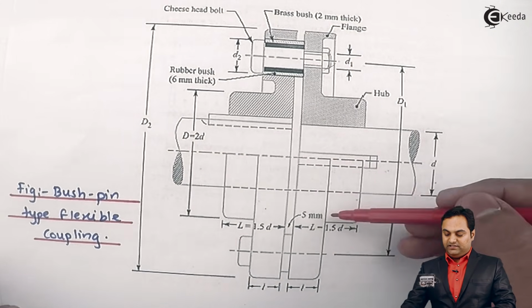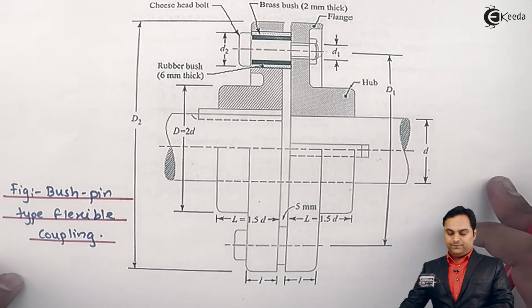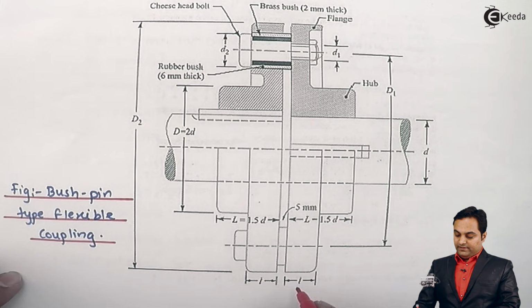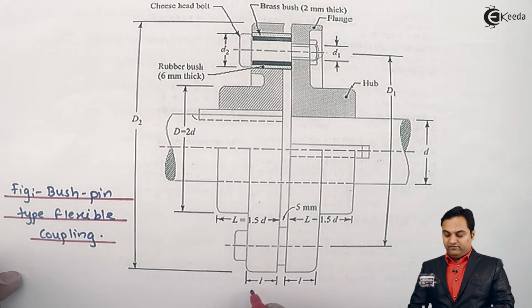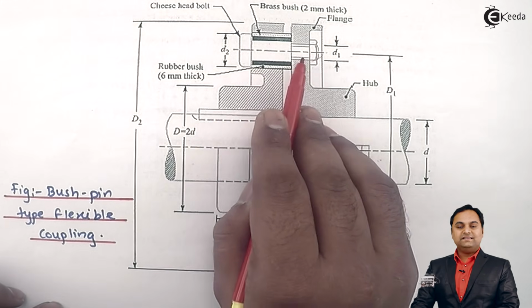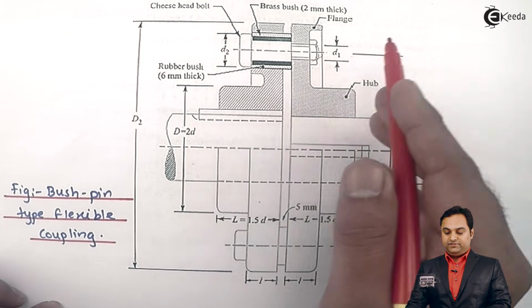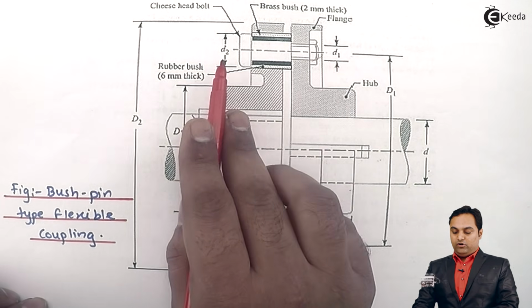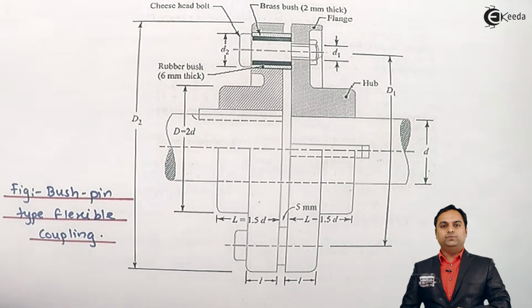D1 is the pitch circle diameter for the bolts. D2 is the outer diameter of the flange. L is the length of flange, or we can say the thickness of flange. Now this pin has different diameters. On one side the diameter is D1 on the right hand side. On the left hand side the diameter is D2.